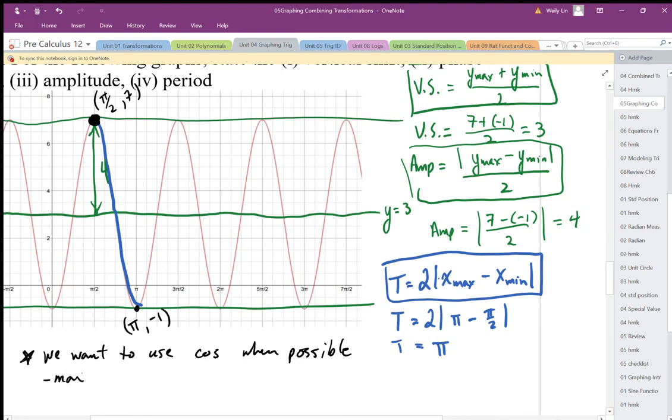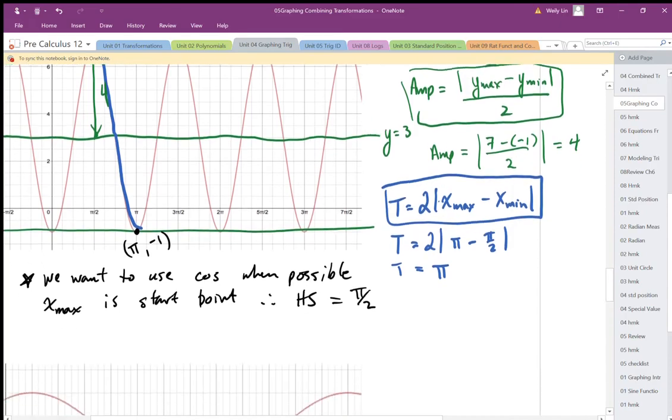The max, so maybe I should clarify this. The x of the maximum is the starting point. Therefore, the horizontal shift in this case is going to be equal to pi over 2.